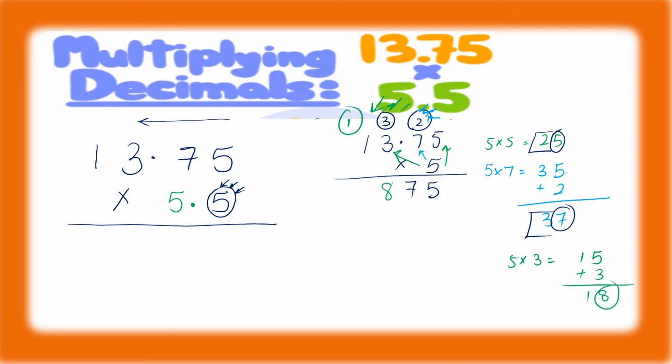Okay, in the end we multiply 5 times 1. Okay, 5 times 1 is 5 and there is a carry here that is plus 1. So it gives you 6. So put here 6. So I am just writing here 6, 8, 7, 5.